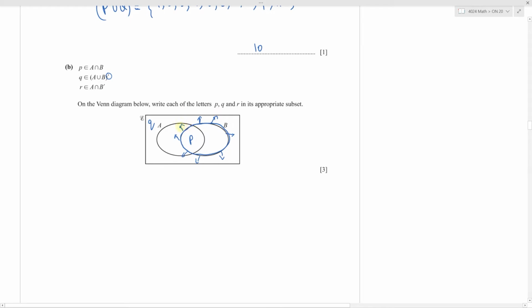Let me mark this in red. Everything inside here is part of A and also part of B complement, which is everything outside B. So this is your R. So let me just erase this and write R. So this was P and this was R.